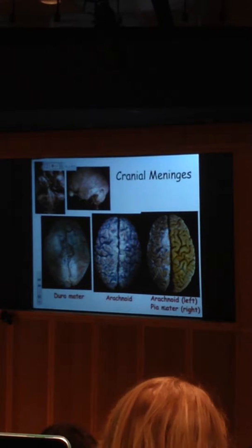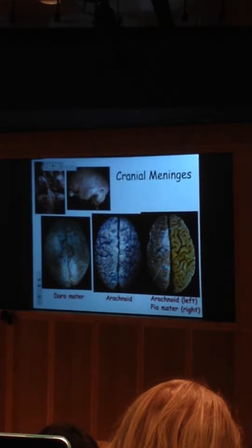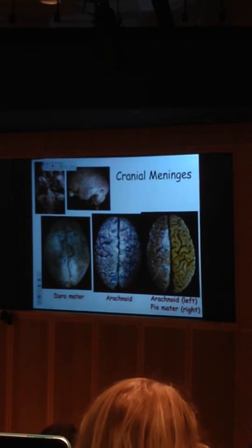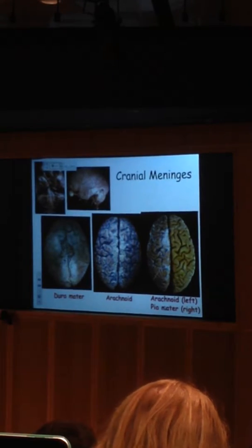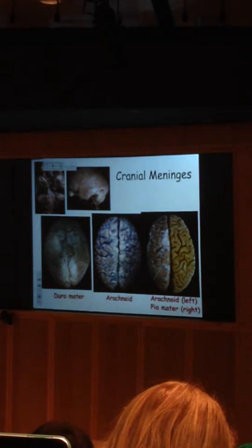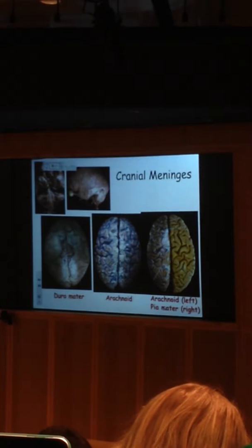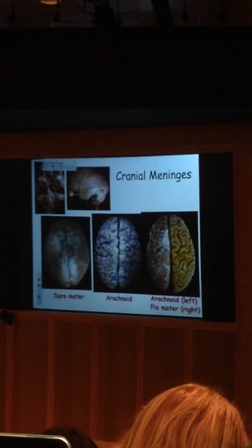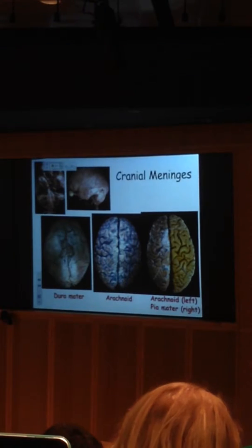So here is a diagram showing you the three layers of the meninges. We peel them one by one. The first one, as we show on the left, is called the dura mater. Dura mater is a very hard layer. Precisely, it actually has two layers, a very hard fibrous layer. In the middle is the arachnoid.